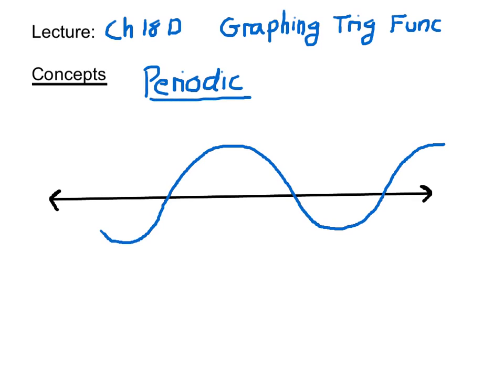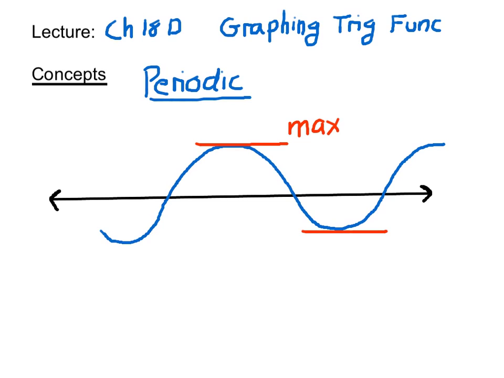Also notice that both of these functions have maximum values. In the case of normal sine and normal cosine, these maximum values are 1. They also have minimum values.